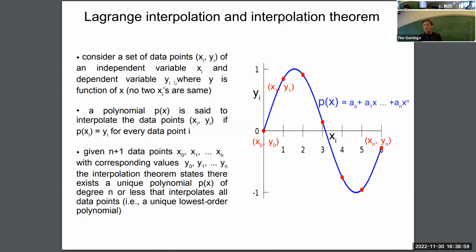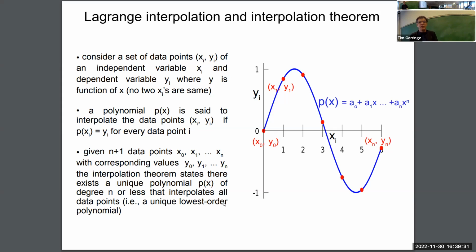Then the interpolation theorem says that if you have n data points, there's a unique polynomial that passes through those data points that has a degree of n or less.